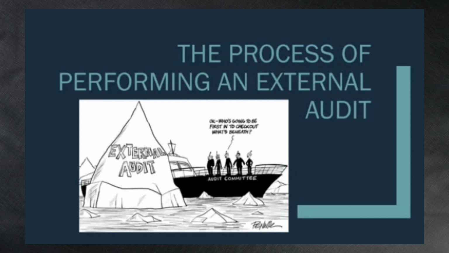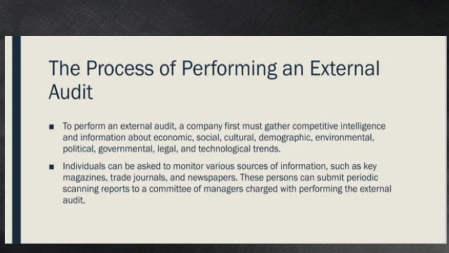The process of performing an external audit. To perform an external audit, a company first must gather competitive intelligence and information about economic, social, cultural, demographic, environmental, political, governmental, legal, and technological trends.